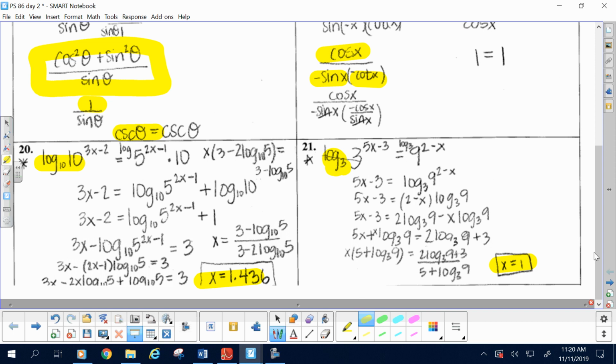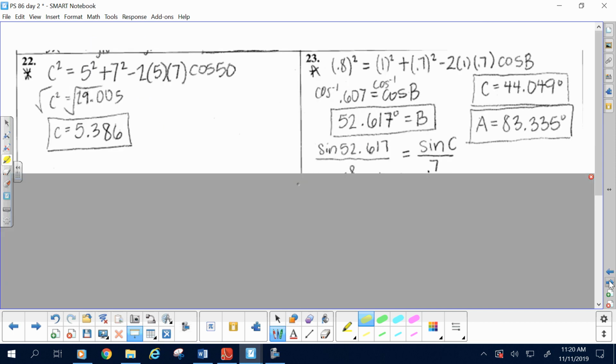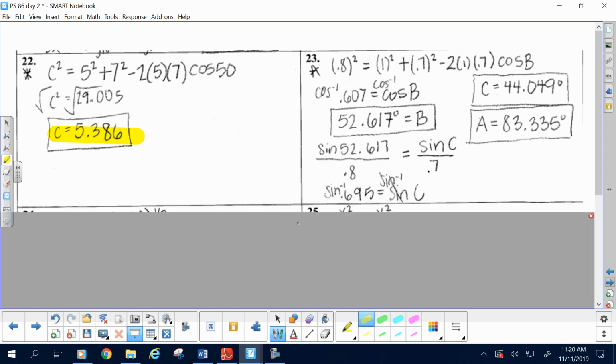Very good. 22, law of cosines, c equals 5.386. 23, the order they did stuff was angle B first, 52.617. Then you could do law of sines or cosines, but angle C is 44.049 degrees, and angle A is 83.325.